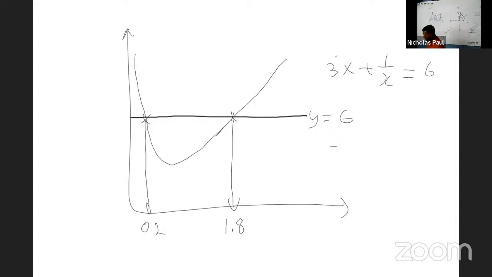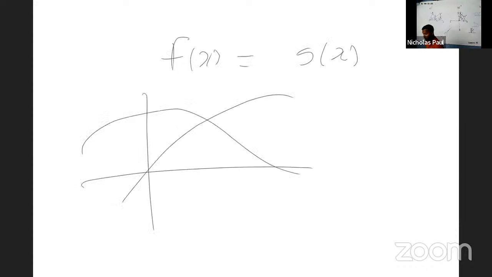So always remember this rule: if you have a function here and a function here, and you draw both of them, where they meet is the solution.